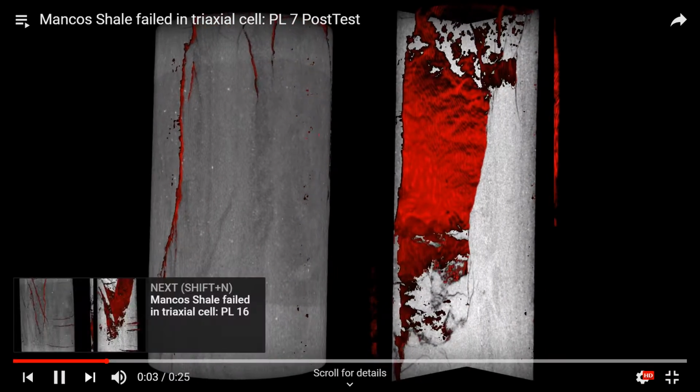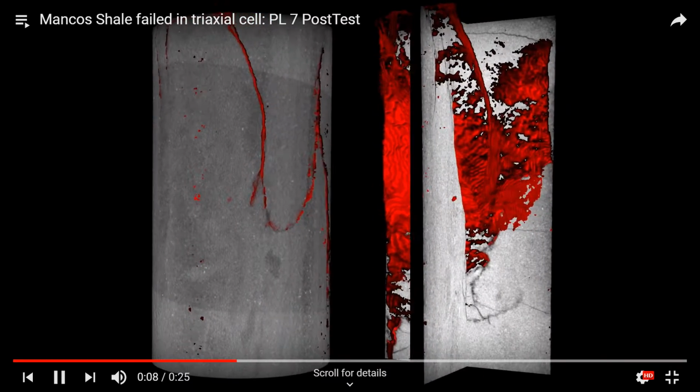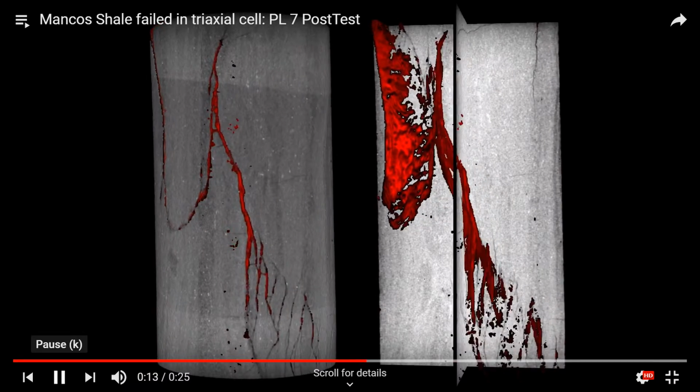This is another example of a sample loaded in a triaxial test parallel to bedding, and I want to catch this one. You see that we have a main fracture here, but when it gets to the bottom, it kind of branches into many other fractures that like to be more or less at an angle of what you expect for shear, but are very likely initiated by all these heterogeneities, going from one type of rock to another type of rock.